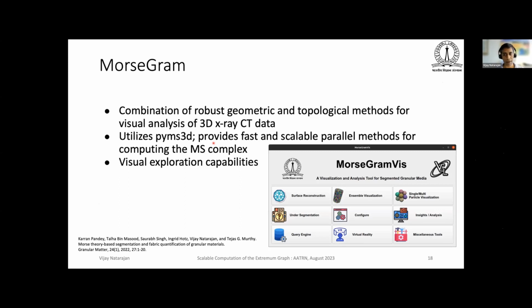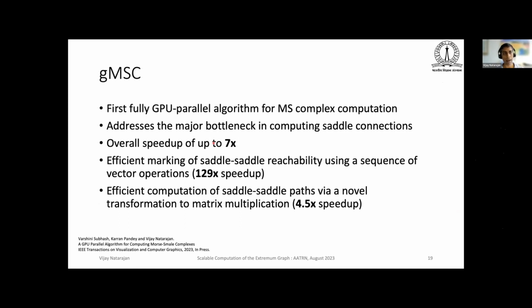And we need fast scalable algorithms for computing this complex. As an aside, this motivated us to further improve the runtimes of the Morse complex. So I'm not going to talk about that, but there is another GPU-based implementation of the Morse-Smale complex computation, which is faster than PyMS3D by a factor of 7. For those of you who know about the Morse-Smale complex computation, it's essentially a sequence of graph traversal operations, which are known to be hard to parallelize.